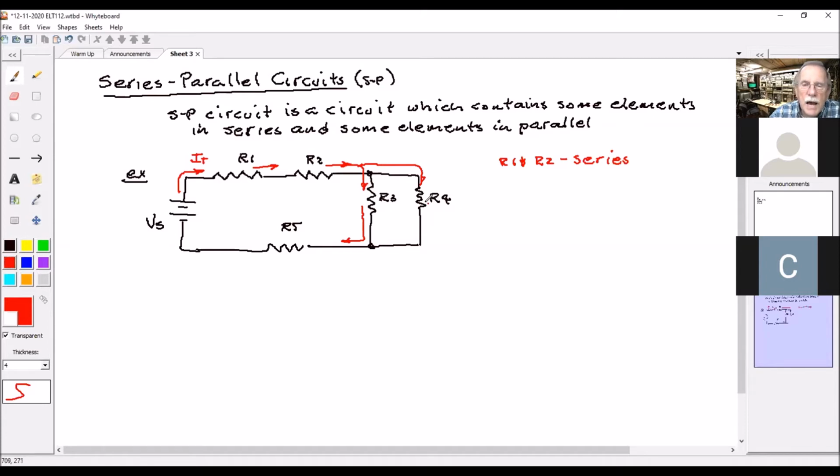The current that comes out of R4 is going to go back, and here these two recombine to become IT again.